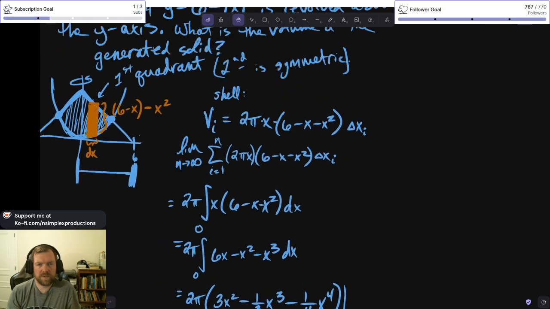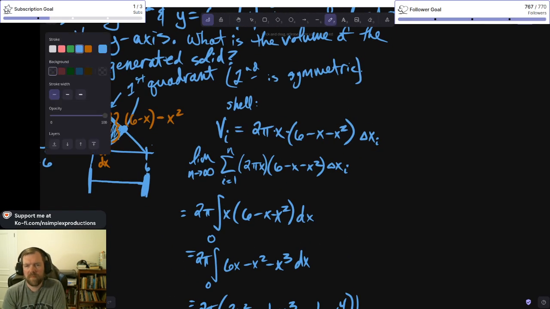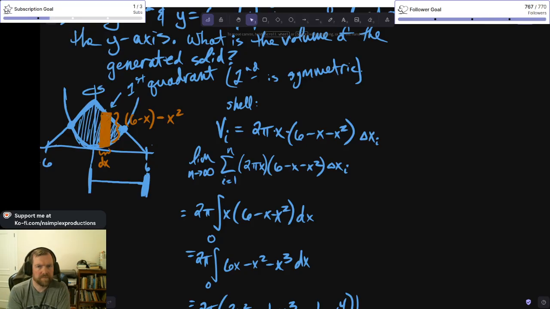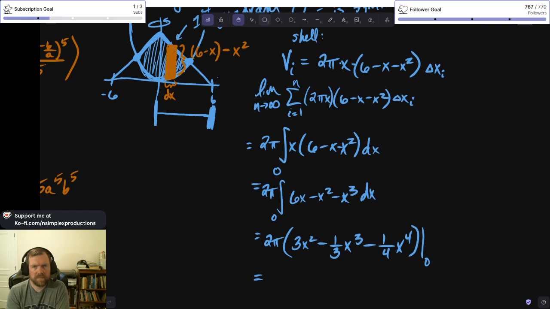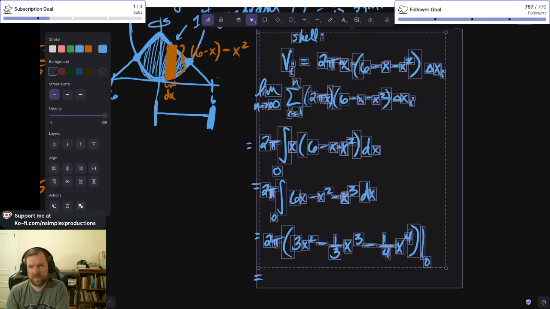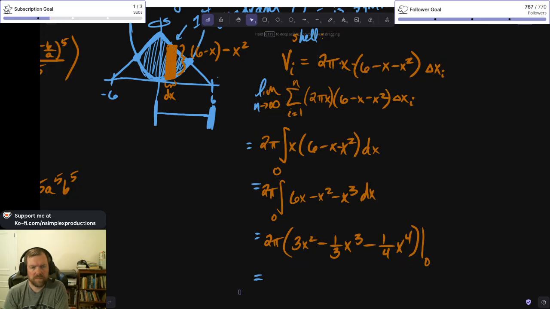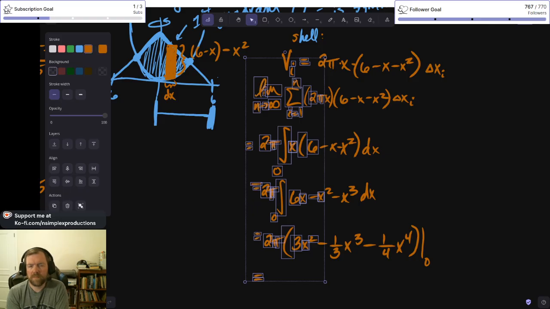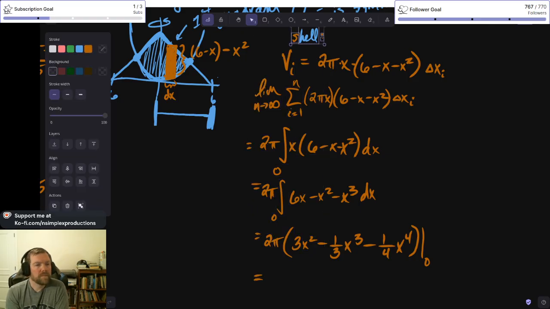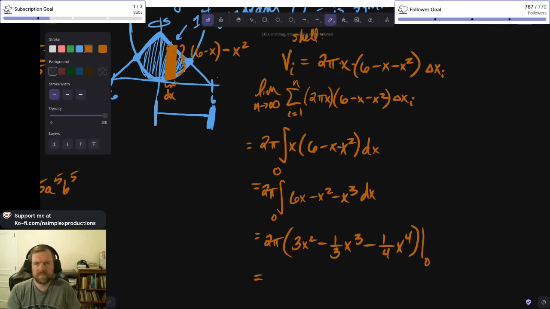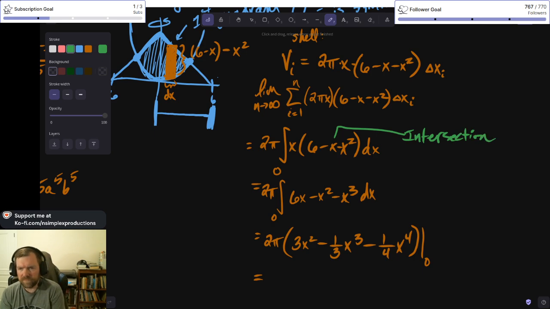Okay, the intersection. 6 minus x is equal to x squared, in order to get the same point.